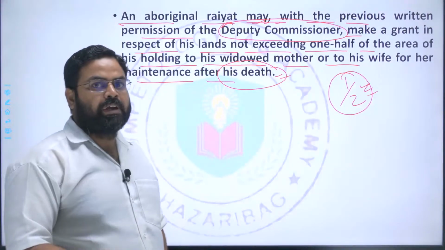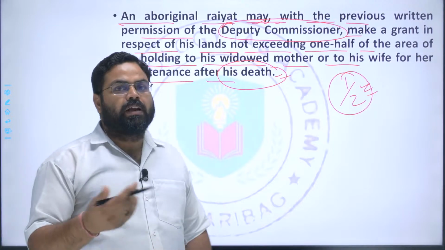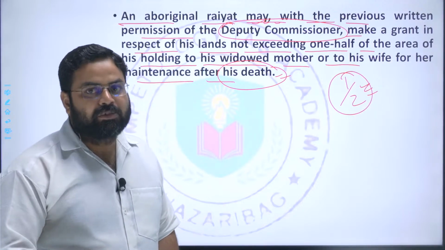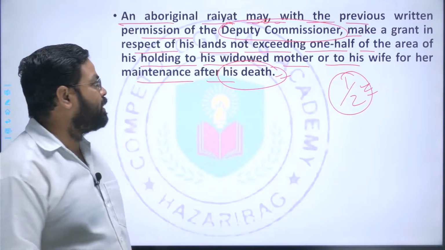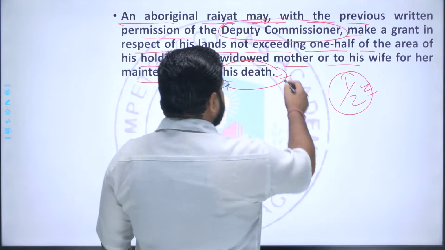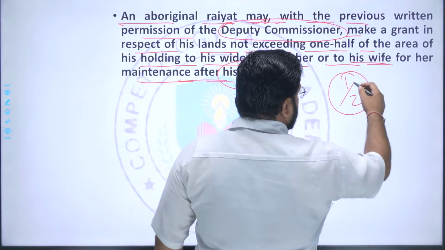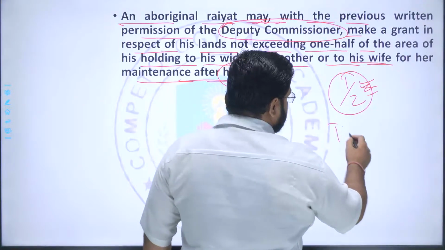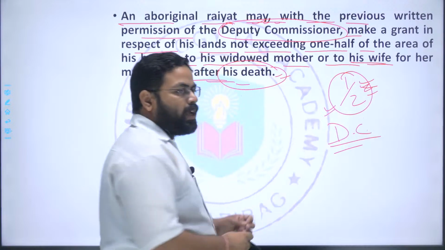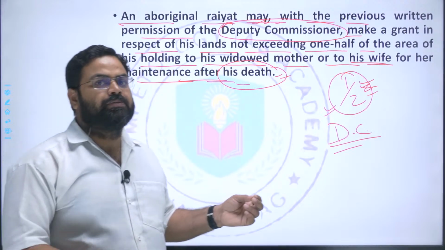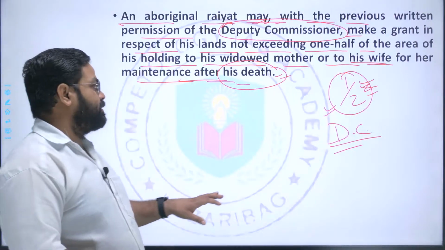And in the same case, if the person thinks that after my death what will happen to my wife, from where she will get her livelihood, then in such case also he can gift that land to his wife, but again the permission of the DC is needed, as well as not more than half of his holding can be gifted to his wife. So these were the conditions, right?